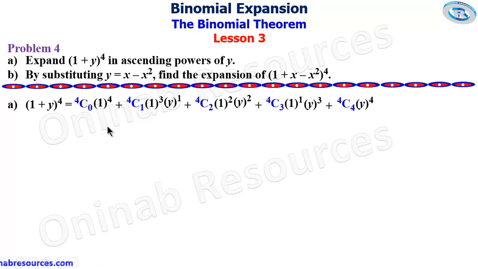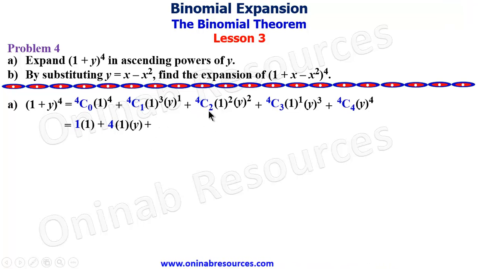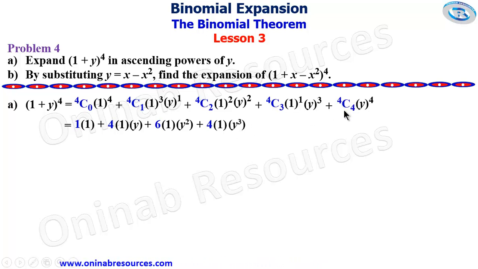So simplifying the coefficients, this is going to give us 1 times 1 plus 4 times 1 times y, then plus 6. 4 combination 2 is 6, multiplied by 1, then y squared, plus 4, since 4 combination 3 gives 4, times 1, then y raised to power 3, and finally 4 combination 4 is 1, then we have y raised to power 4.